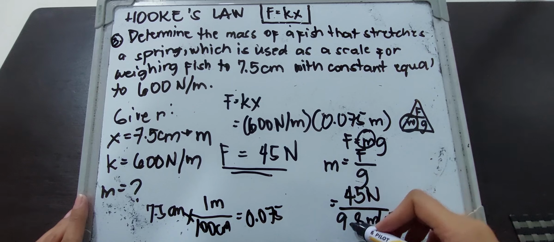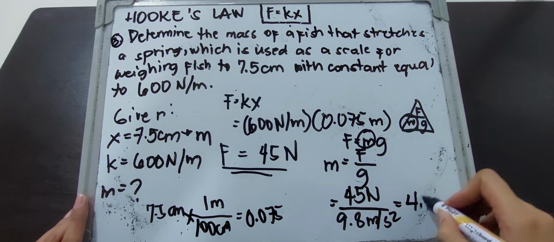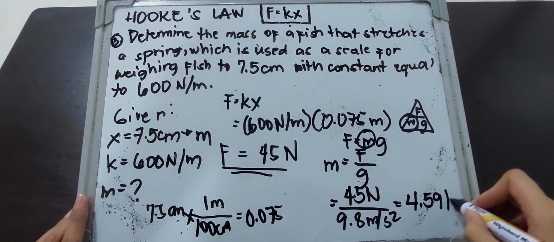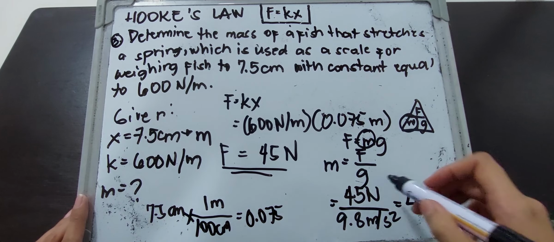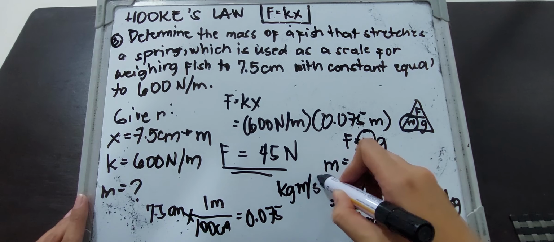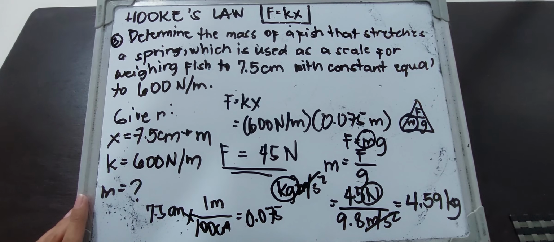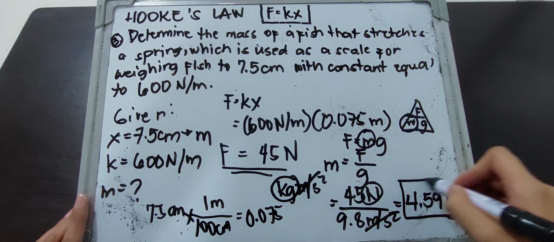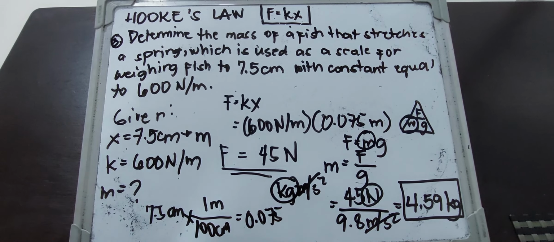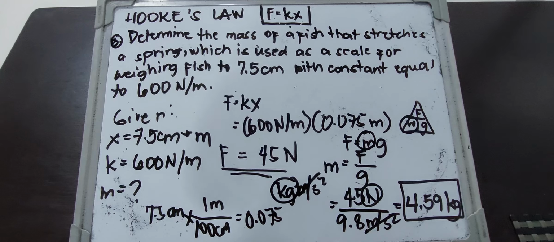So, 45 divided by 9.8 is 4.59 kilograms. Kasi diba ang Newton natin, ang equivalent ay kilogram meter per second square. So, cancel out. Ang remaining unit is kilogram. So, this is our final answer. Kung masyadong nabibilisan, you may just replay the video. So simple lang naman yung ating process.